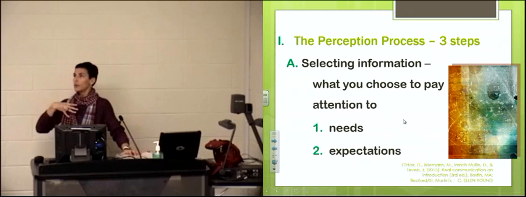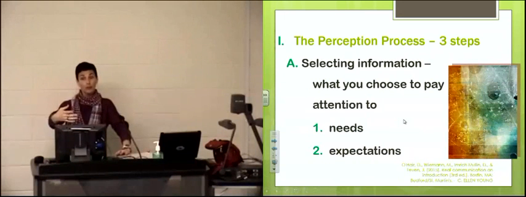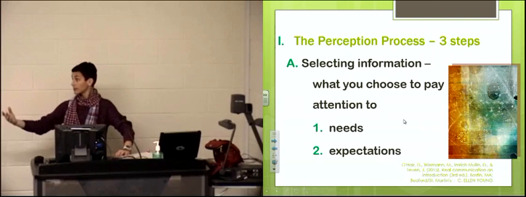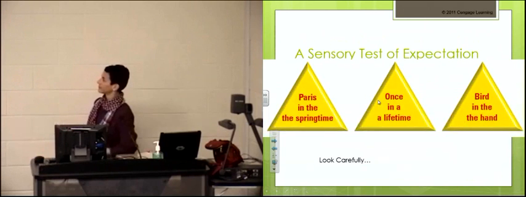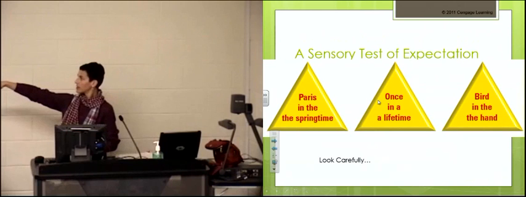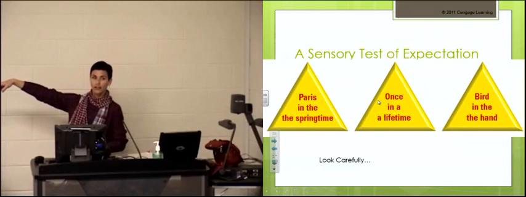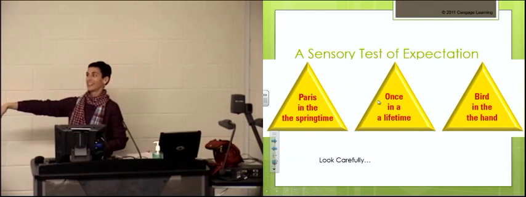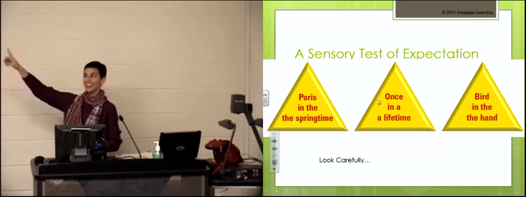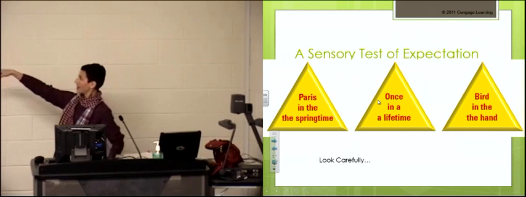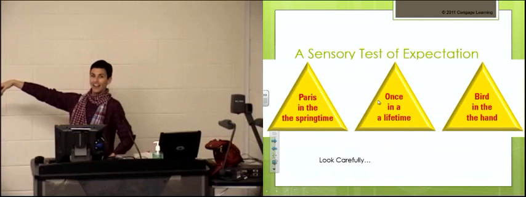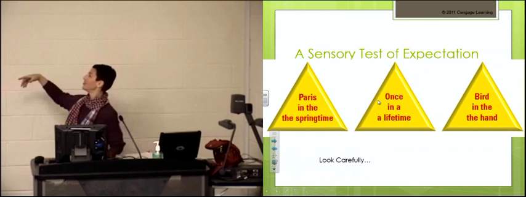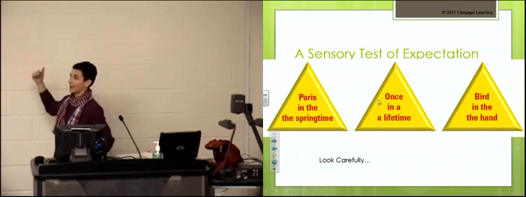In addition to that, we select and pay attention to things that we expect. What do those say? First one is Paris in the springtime. It really says what? The springtime. And then the next one says once in a lifetime. And you get the picture, bird in the hand.